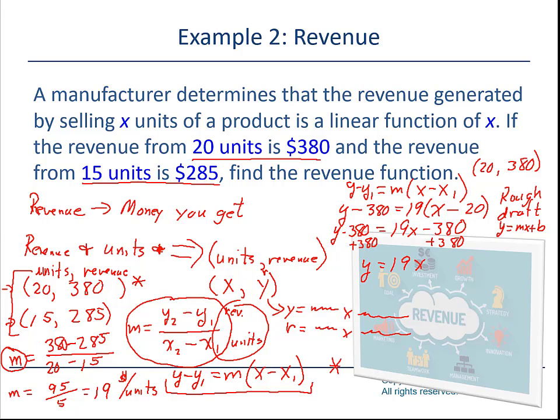And if we want to, we can say x is the number of units, and maybe we want to call it r, usually capital R. So when we write our final equation, we might want to write it like this, r. And it's going to be a function of x, so we'll say r of x equals 19x, and there is our revenue function. We've got it.